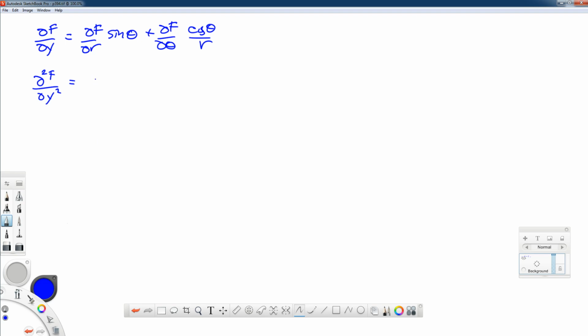Well, the first derivative of f with respect to y is this thing that operates on f. So if we want the second derivative, we take that same thing and operate it on f. So it's the partial with respect to r times sine theta, plus the partial with respect to theta times cosine theta over r. So that's going to be our operator.